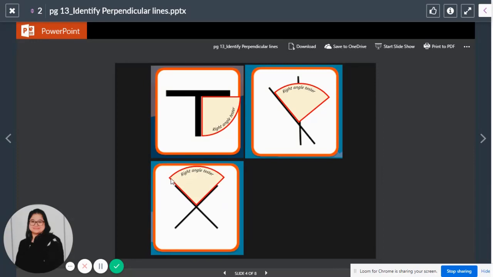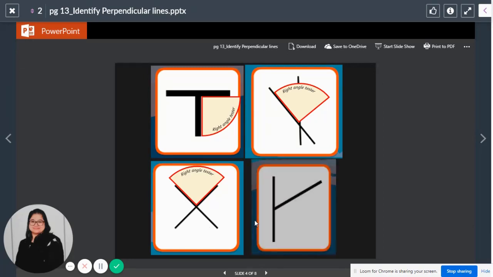So if you see, our right angle tester is perfectly fitting in this angle, which means this angle which is made by these two lines is a right angle. So are these two lines perpendicular? Yes, these two lines are perpendicular.